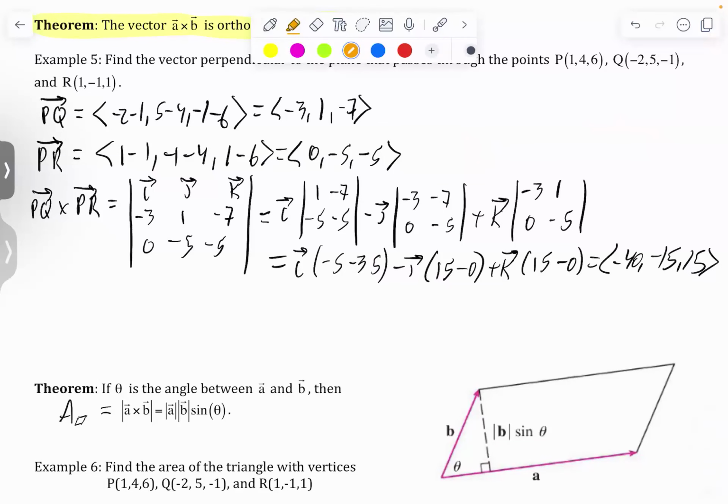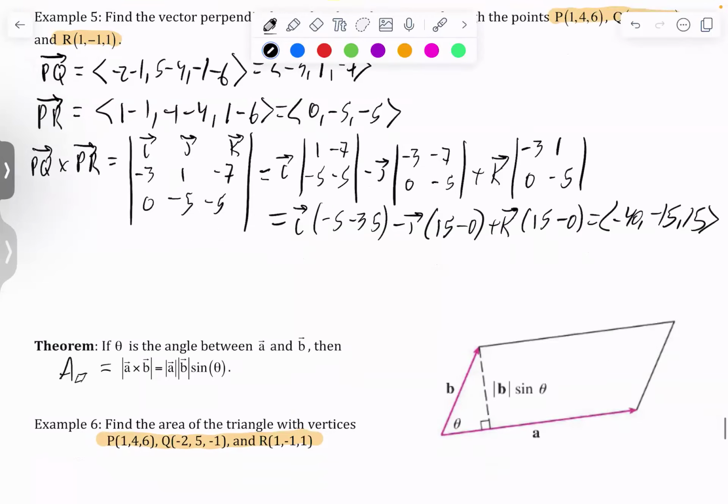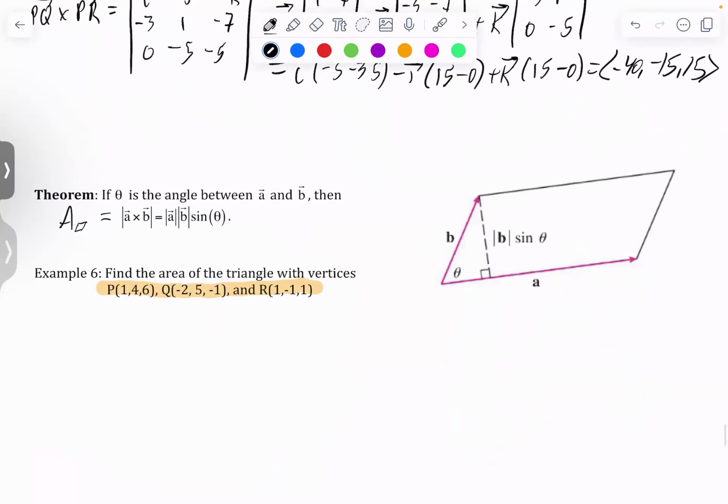Let me show you what I mean. Points P, Q, and R are the same P, Q, and R, which is awesome, and it's going to save us quite a bit of work because we don't have to actually do the cross product. We already have the cross product. So the vector -40, -15, 15 is the cross product.